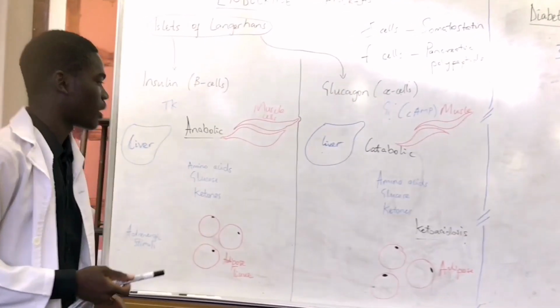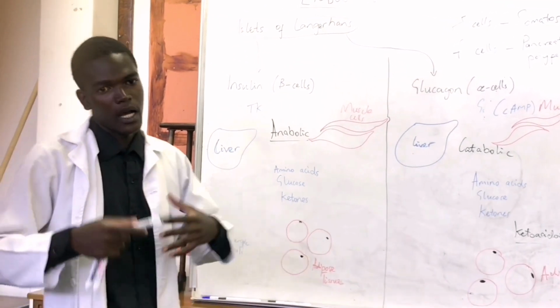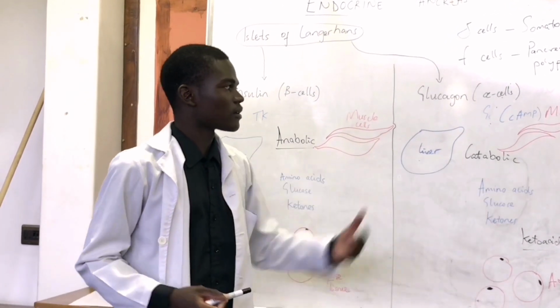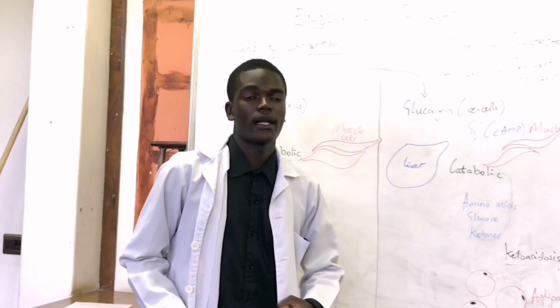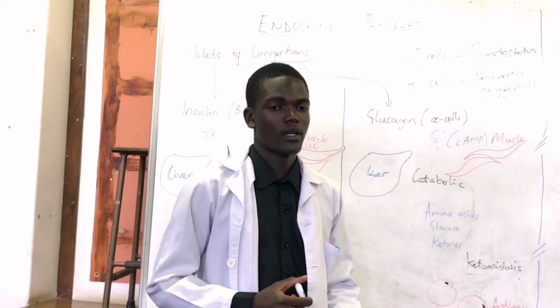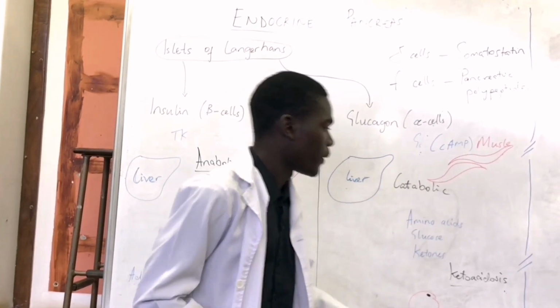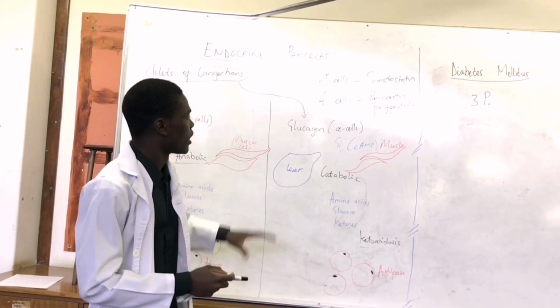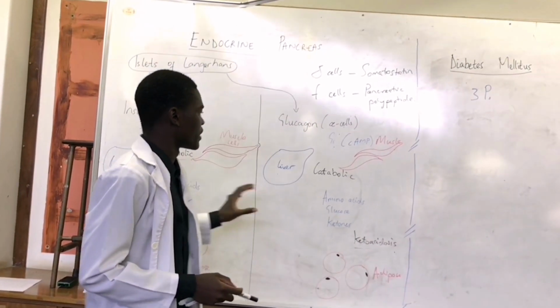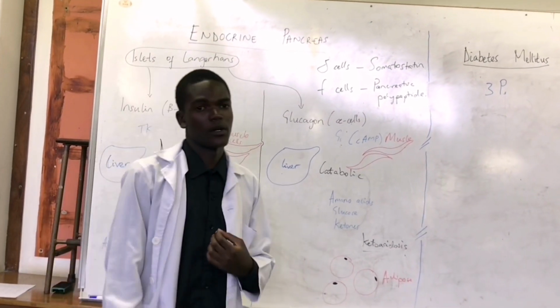As for the stimuli which regulate the release of these two hormones, the endocrine pancreas is not under the direct control of the hypothalamus, which means that whatever we release from the hypothalamus is not going to have an effect on the release of hormones from the endocrine pancreas.